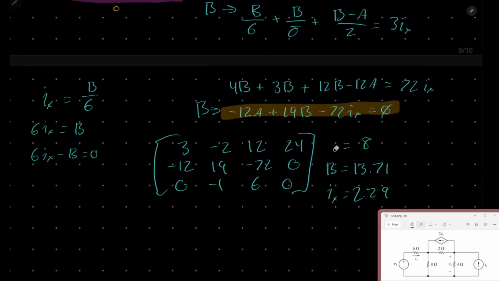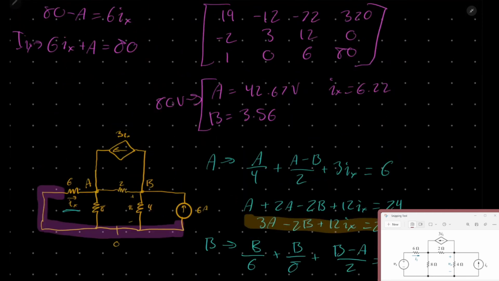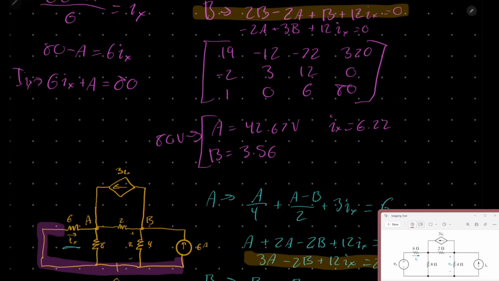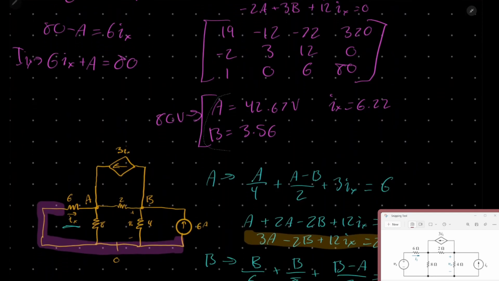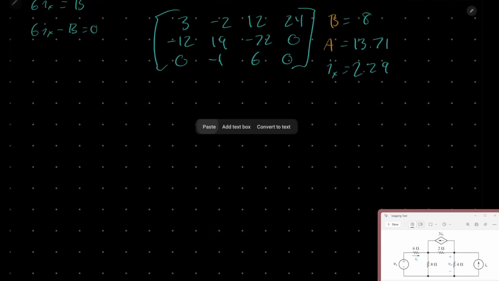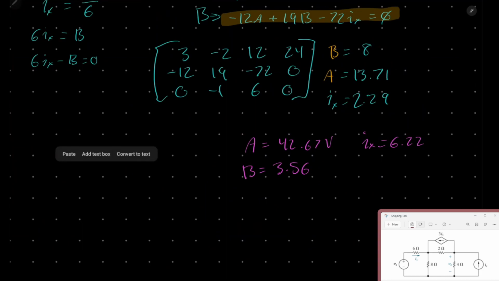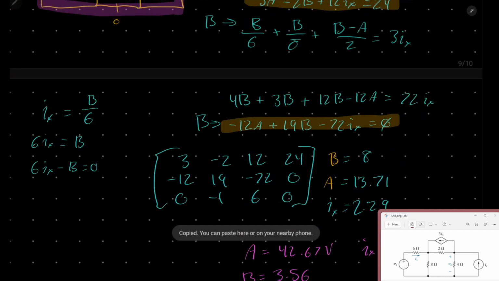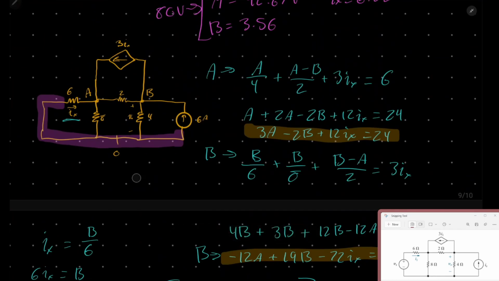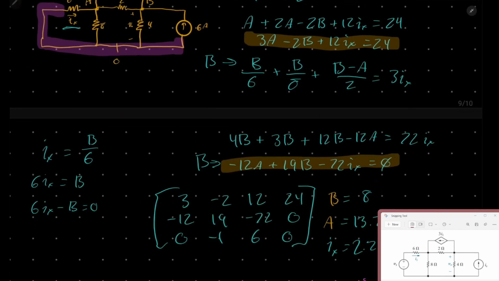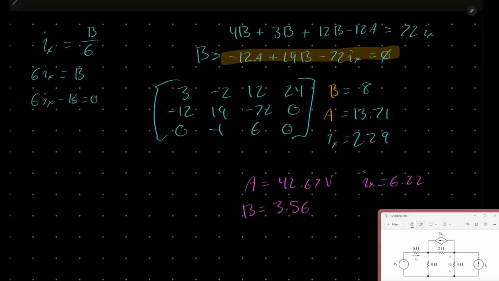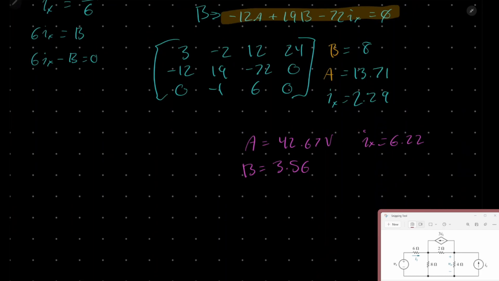So this is B, and this is A. Because now what we're going to do is we have to take these variables right here, and we have to add them to the variables we just found to find the correct voltage across our 4 ohm resistor right here from node B. So what we can do is we can simply just add all of our B's together.